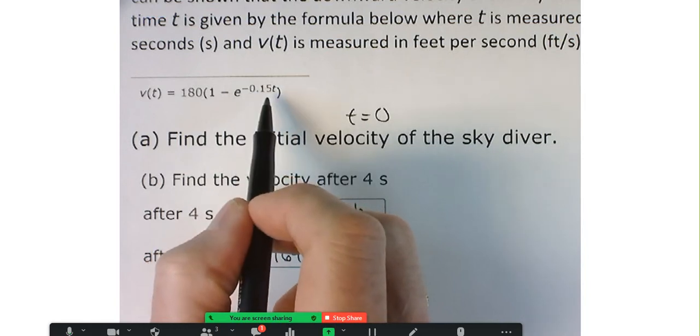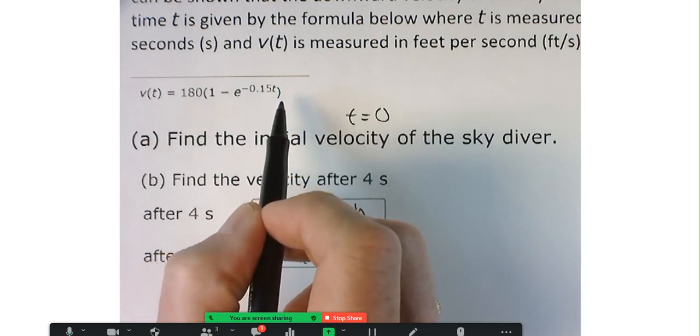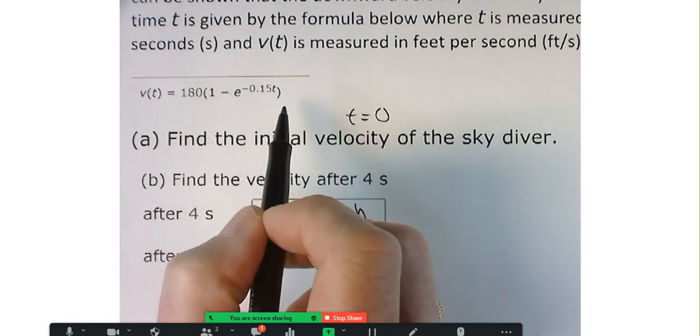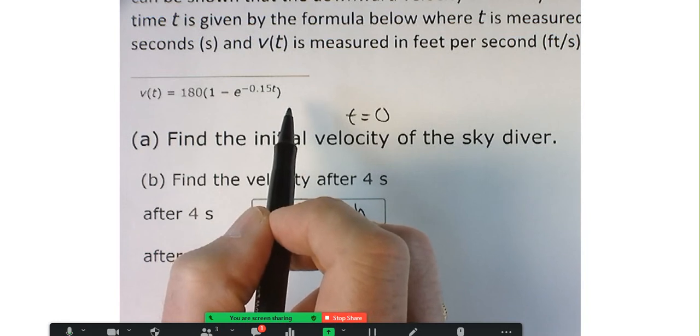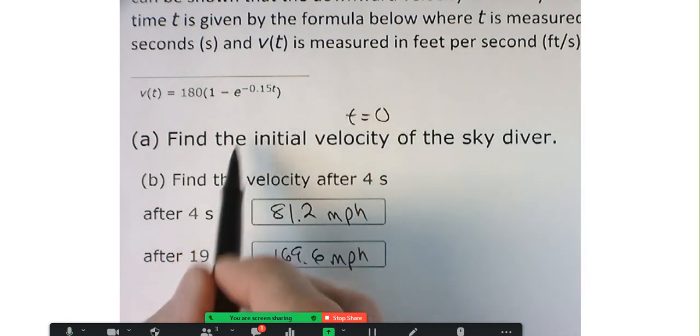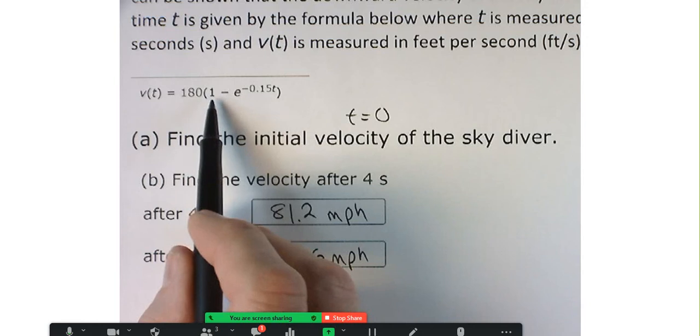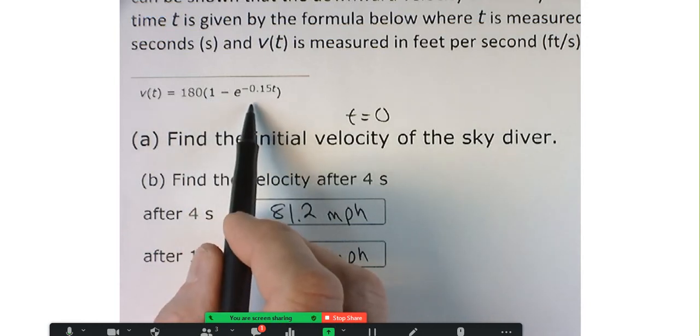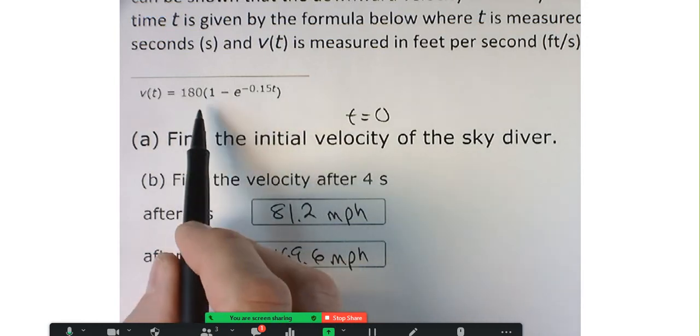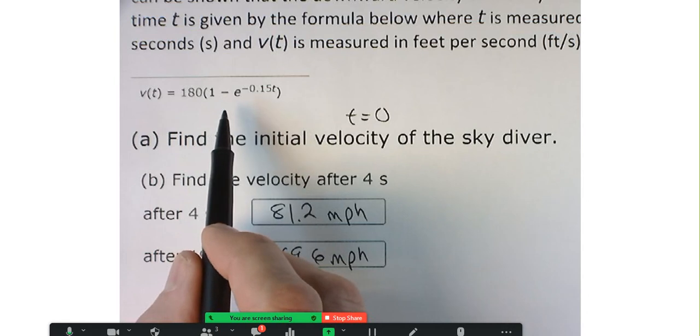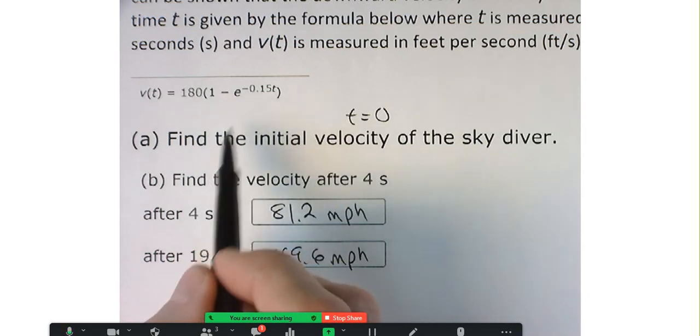Negative 0.15 times 0 is 0. What's e to the 0? What's e to the 0 power? 1. So that'd be a 1. I'd have 1 minus 1, which is 0, times 180. You need your calculator for that part? Yeah, okay. I'm glad to see you shake your head no. Thank you.